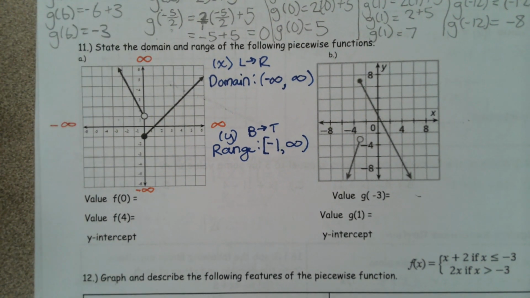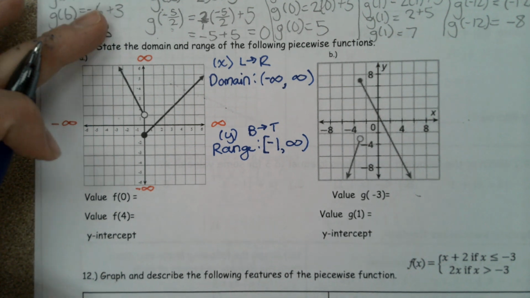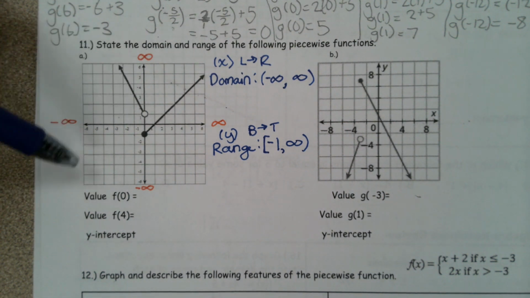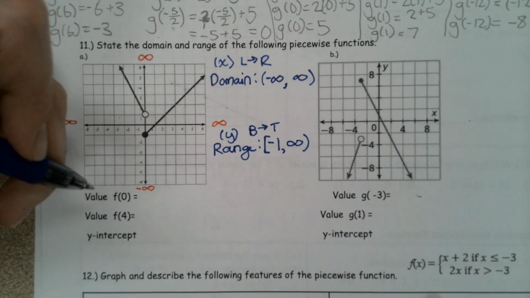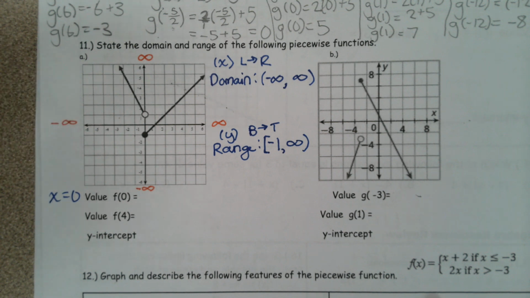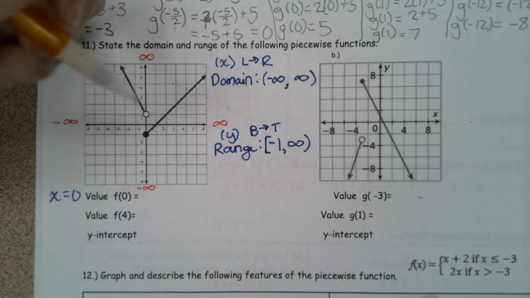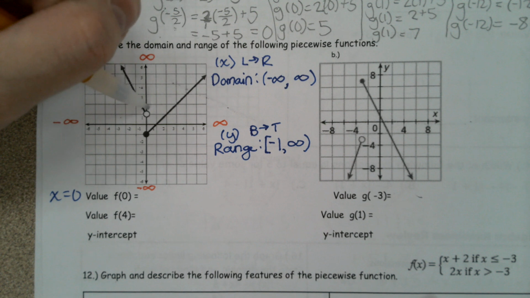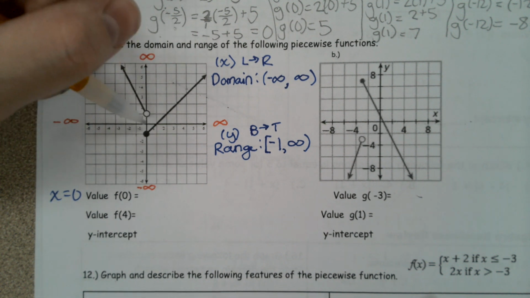Value of f of 0. So this is something you can do on the graph. Sometimes it's easier on the graph because you're just looking for your answer instead of plugging something in. So this means that x equals 0. So you want to go to 0 on the x-axis, that is right here. I'll do this with pencil. 0 on the x-axis. And then you're going to go up and down till you find the value that goes with it.